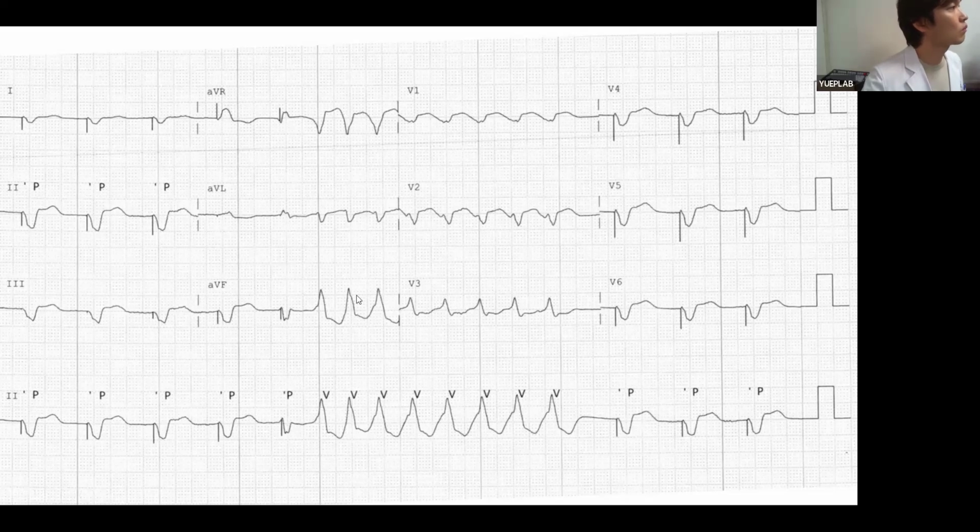And also, what is this? The first morphology is different from this one and this one, right? Probably VT already initiated from here. It might be a fusion beat with paced rhythm and VT. Okay, not VT, wide QRS complex. Probably that's why Dr. Joe brought this ECG.